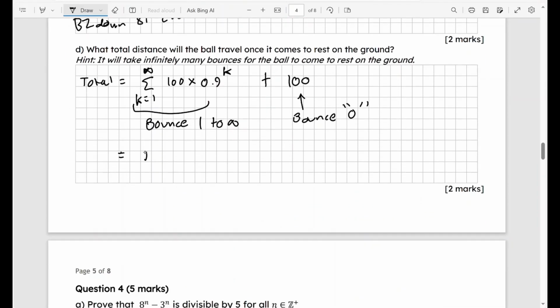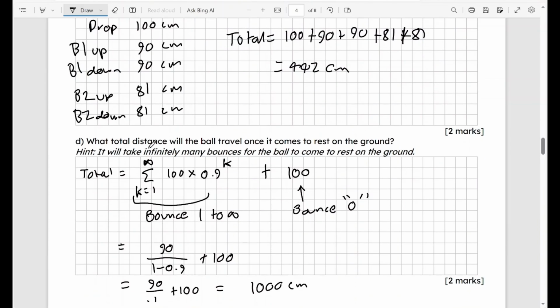So that's 90 over 1 take 0.9 plus 100, which is 90 over 0.1 plus 100, which is, I think it's 1,000 centimeters. That's really cool.